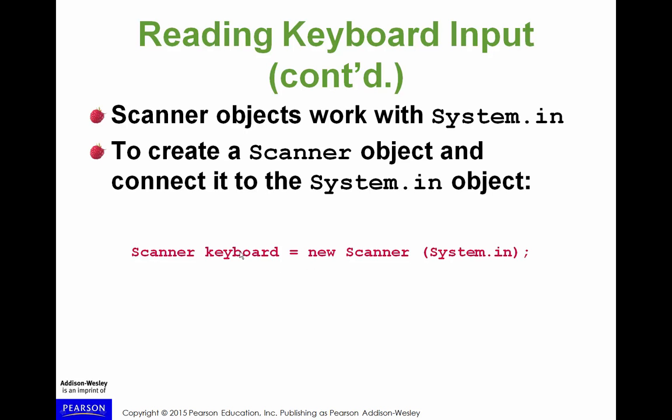So we declare keyboard to be an object of type Scanner, and in that memory location we created, we create a new Scanner object, and then we initialize it by giving it this information.